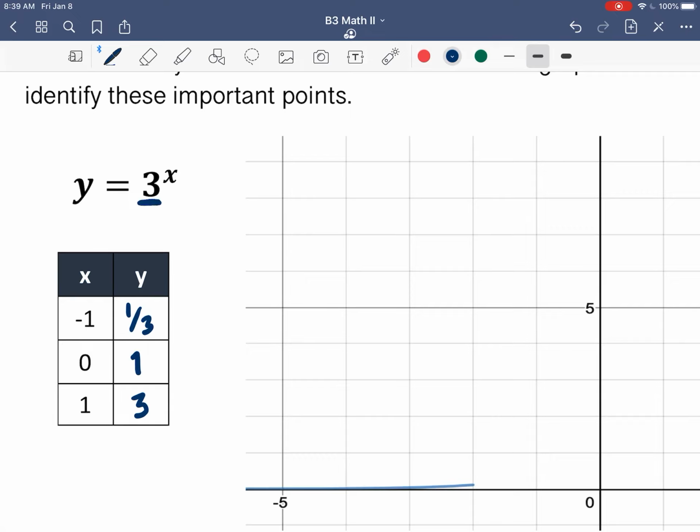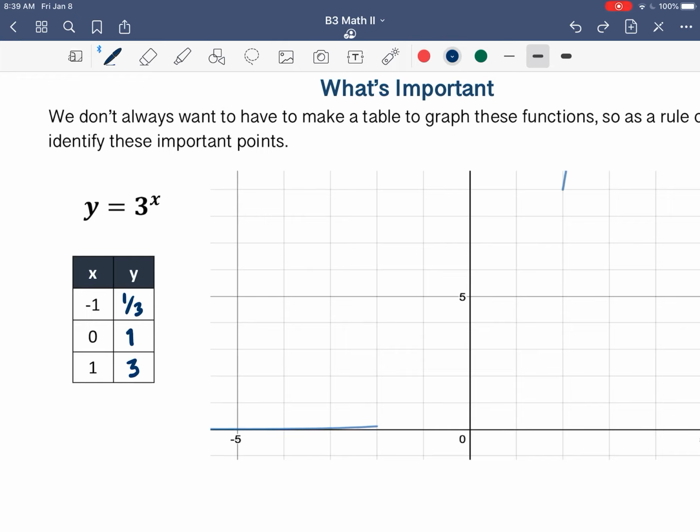So just to clarify, I'm now graphing 3 to the x power, not 2 to the x power, which is why my numbers changed. Those 3 points will give you a pretty good idea of what this function looks like, especially knowing that the asymptote is still at 0. It makes it a lot easier to graph than making a whole table every time.